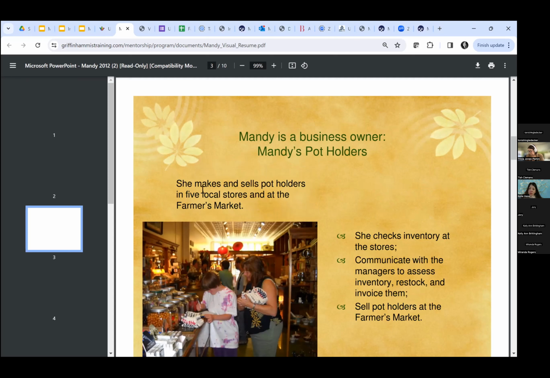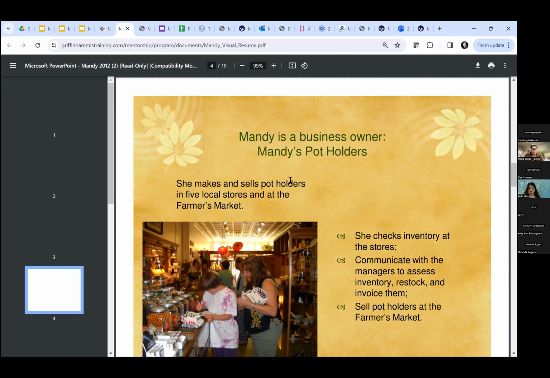She has her own business making pot holders, but I like on the side how it specifically describes the tasks she does within that job. It says she makes and sells pot holders in 5 local stores and at the farmers market, but then it lists out some of the specific tasks she does within her business.